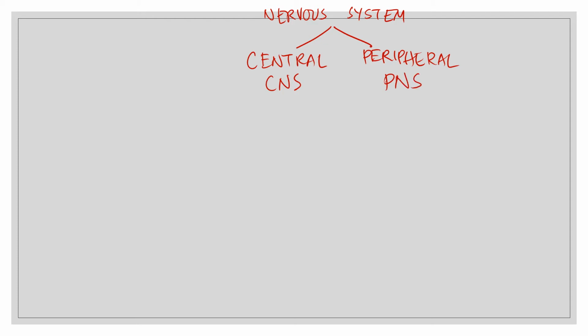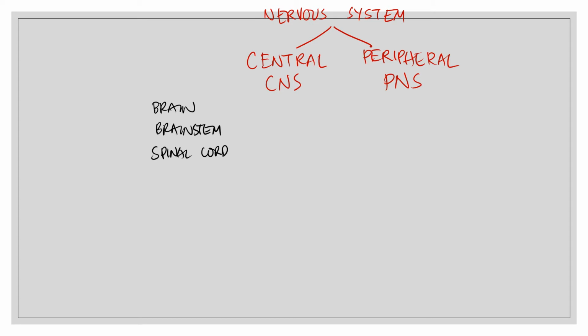How do you go about dividing that? The easiest way is just to remember what your CNS is made of, and it's made up of three important components. You have your brain, you have your brain stem, and you have your spinal cord.